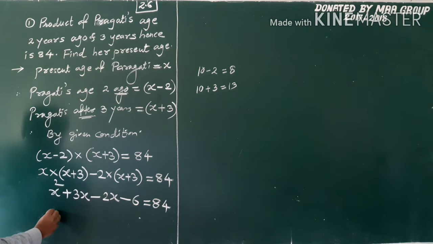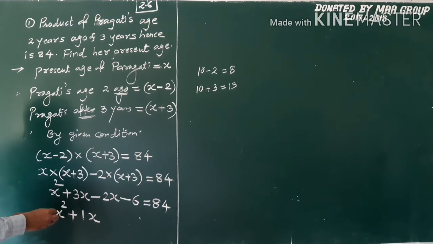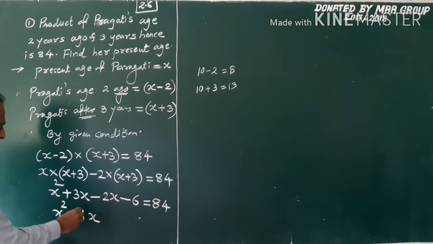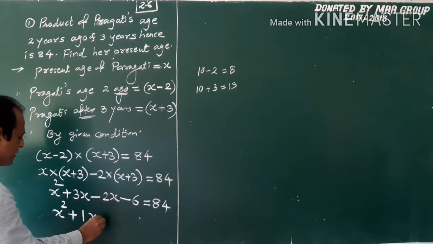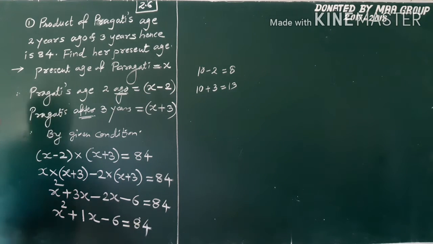Now let's see x square. Here 3x minus 2x, that means we get plus 1x. We can write 1 here. So we write x square plus 1x minus 6 is equal to 84.